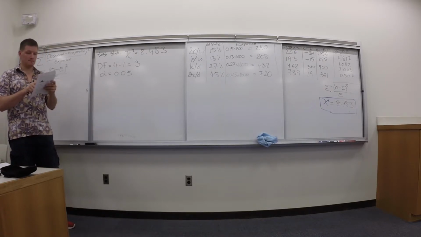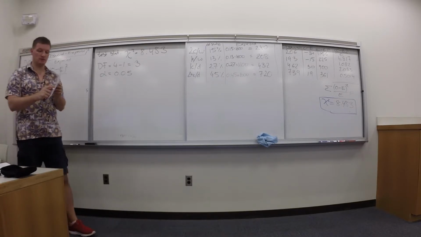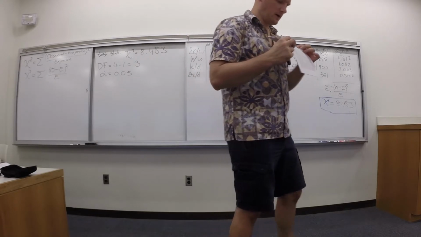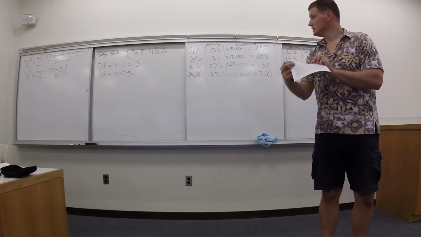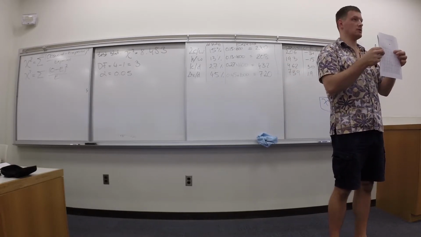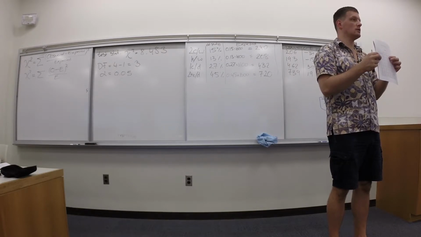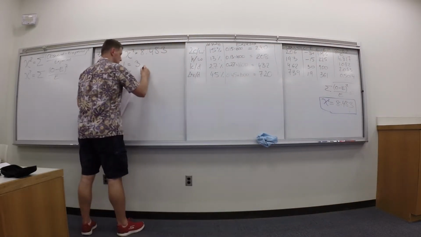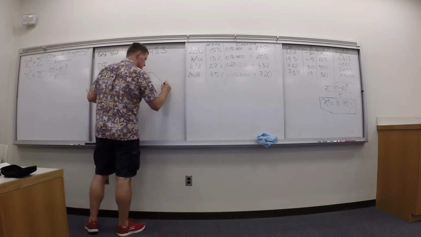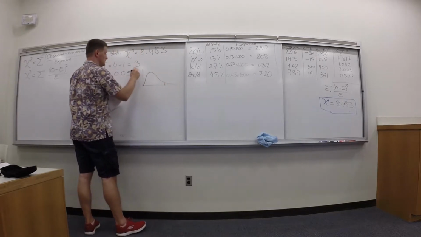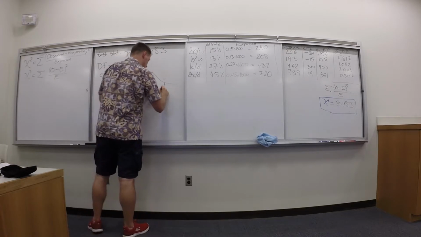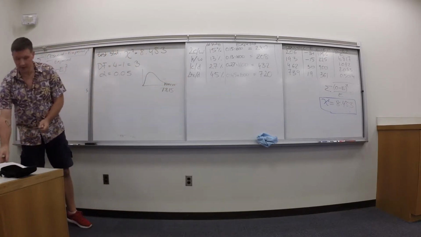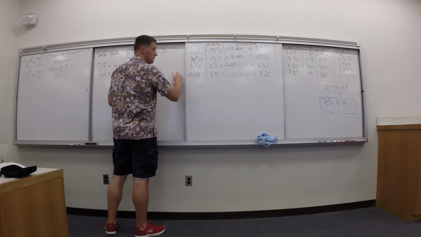What do we get? 7.815. Those two things give us this number, and this number is 7.815. Where's our number going to end up? Our number is right here, 8.483.